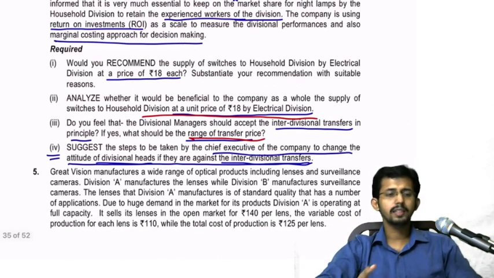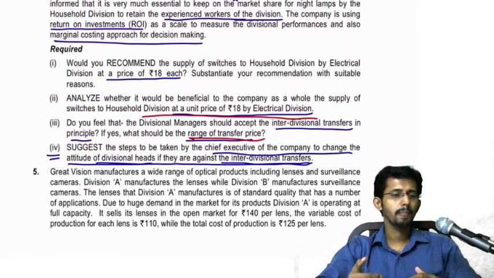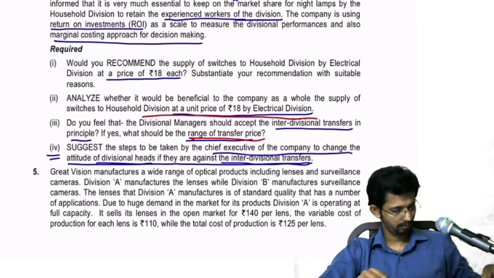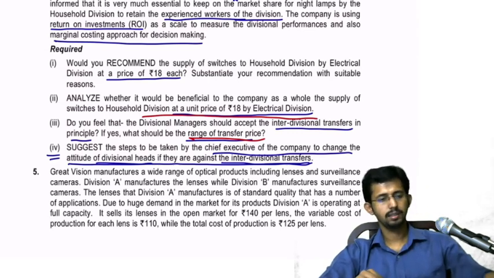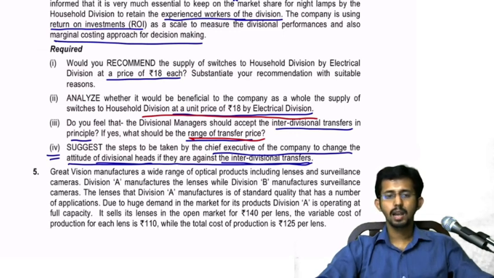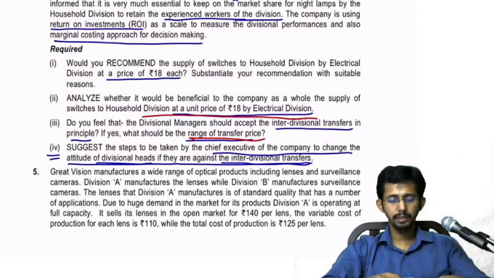And after that you will also have to write, please write, also the chief executive should make it clear that the organizational interest should be given highest priority over the divisional interest.